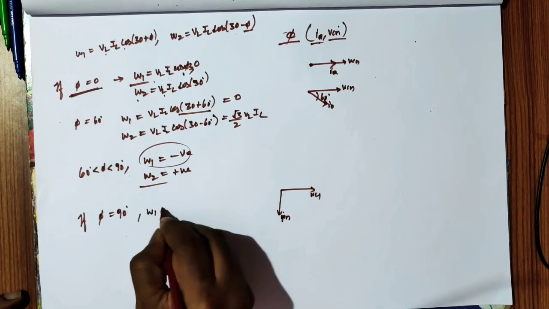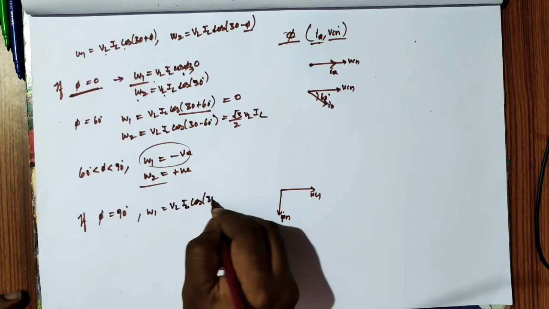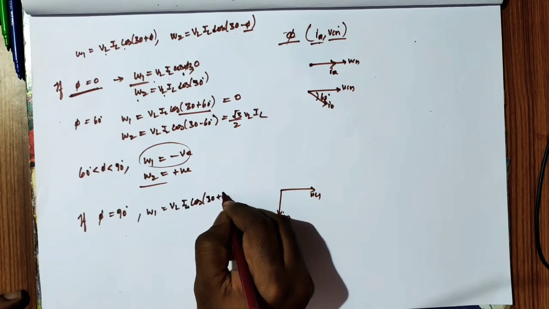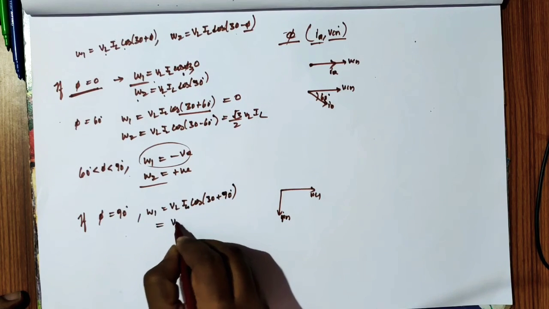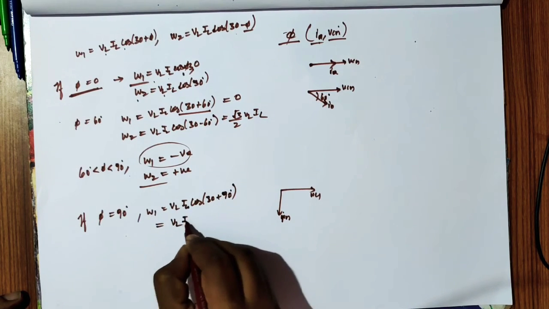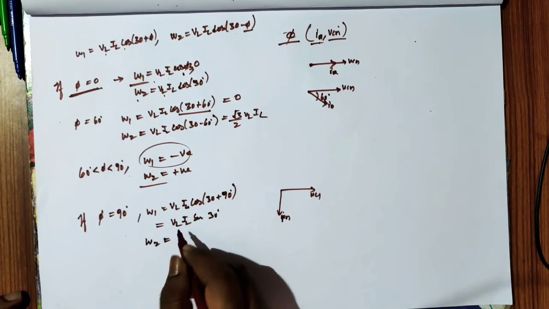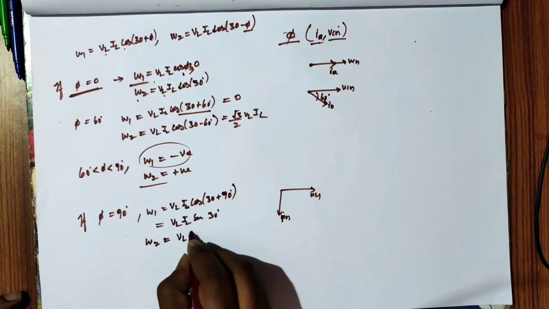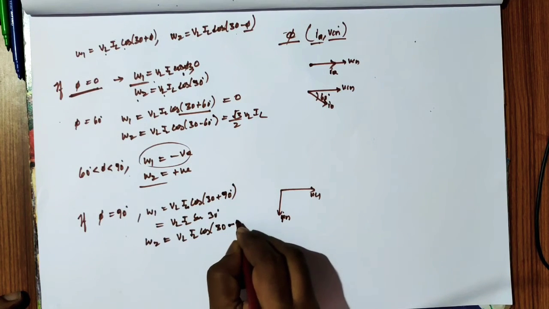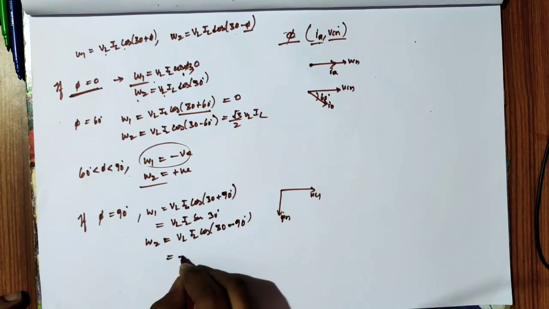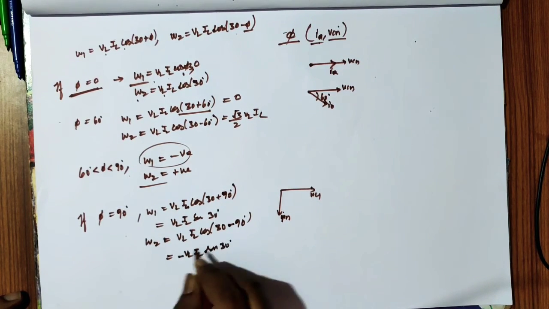W1 equals VL IL cos of 30 plus 90 degrees, which is cos of 90 plus 30, meaning minus VL IL sin 30. Again W2 equals VL IL cos of 30 minus 90, which gives VL IL sin 30. So what do you obtain?